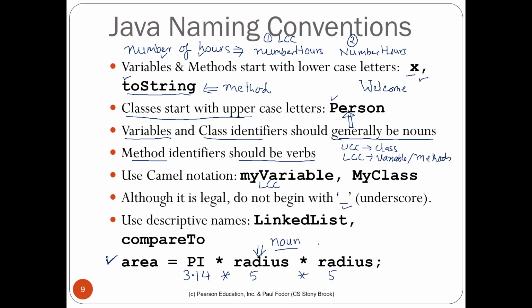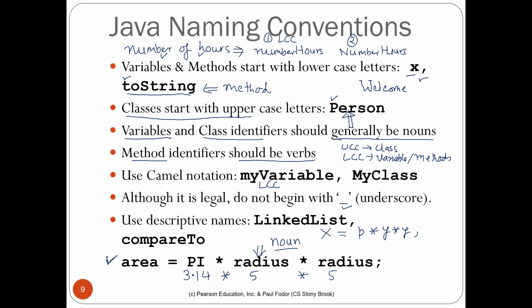An extreme case is possible where you might say x is my area, and pi I will use as maybe p, and then radius I'll call y. If you write this way, this is correct too, but this is not readable. Why? Because looking at your program, I don't know what this x is for, and I don't know what you have in p. Well, if I look at your whole program, I'll figure it out.